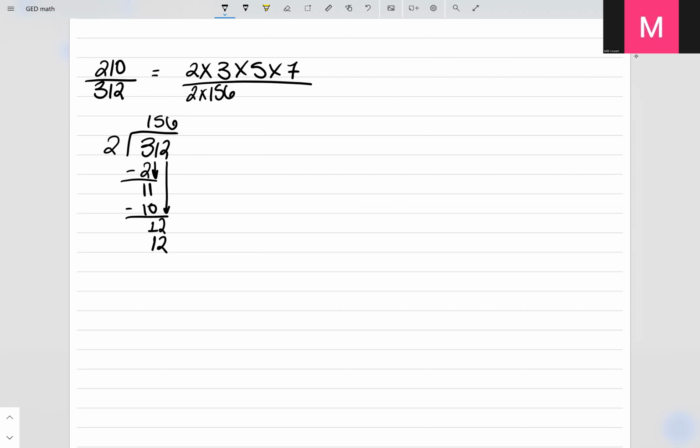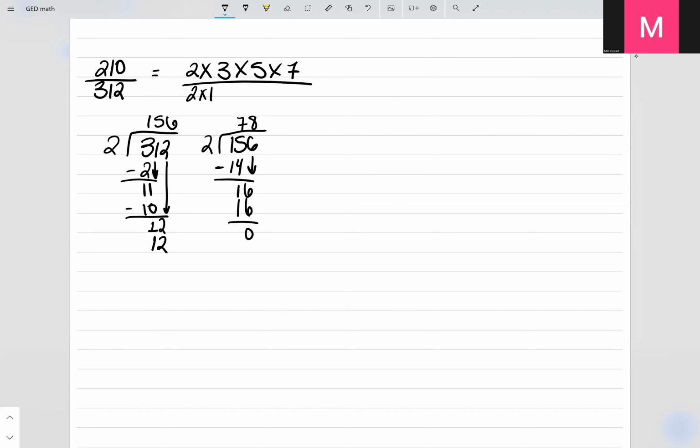And 156 is also even, so it is also going to be divisible by 2. Start with 7 times 2 is 14. Subtract, you have 1 left over, bring down the 6, and 2 times 8 is 16.